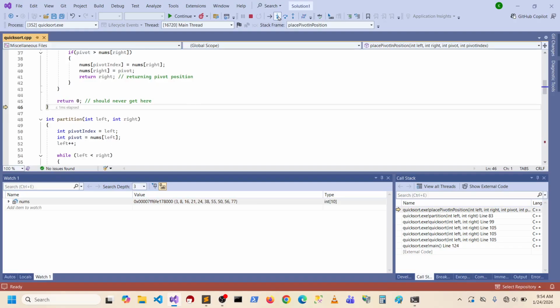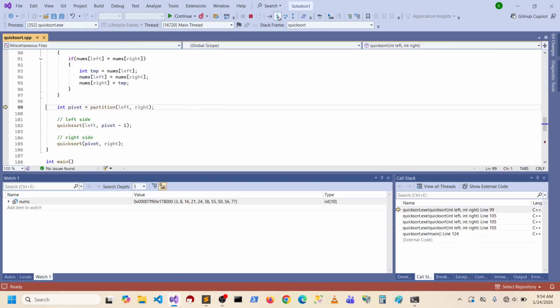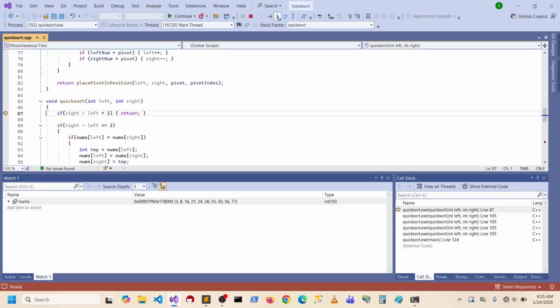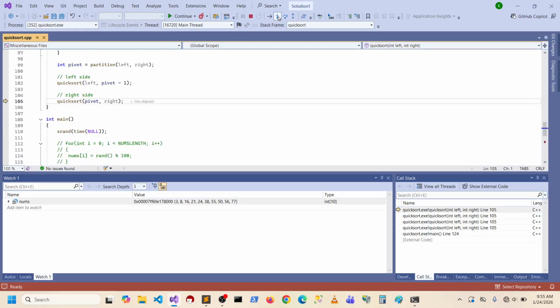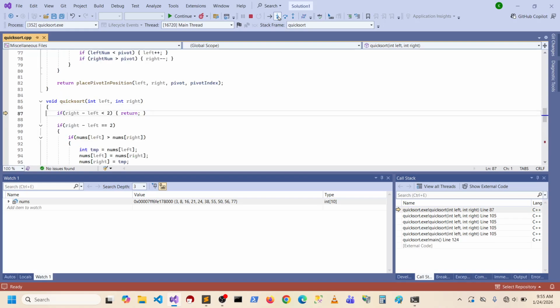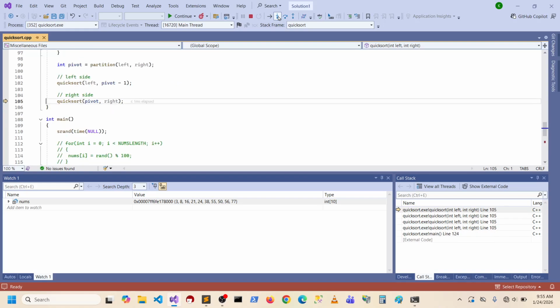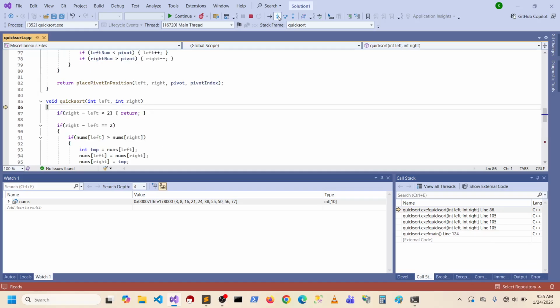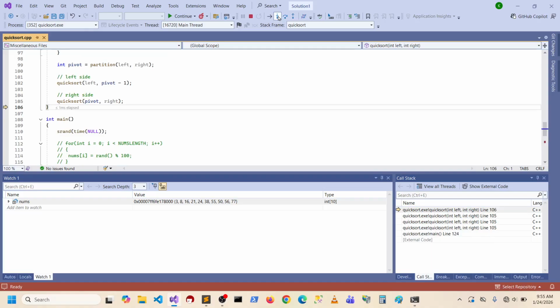It's when we go back to the right side, really. So we go back in here, that should return. Go back. Coming back from our recursion. Go back to the right side.